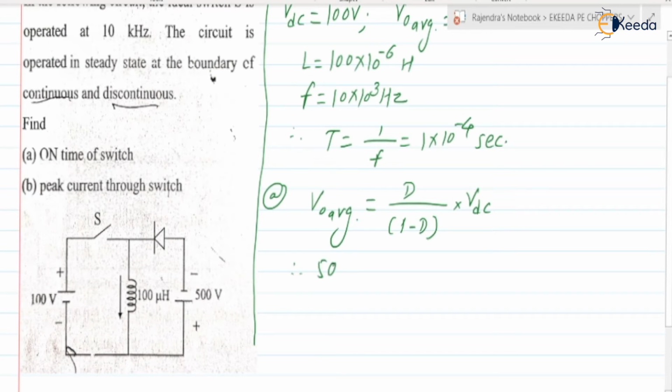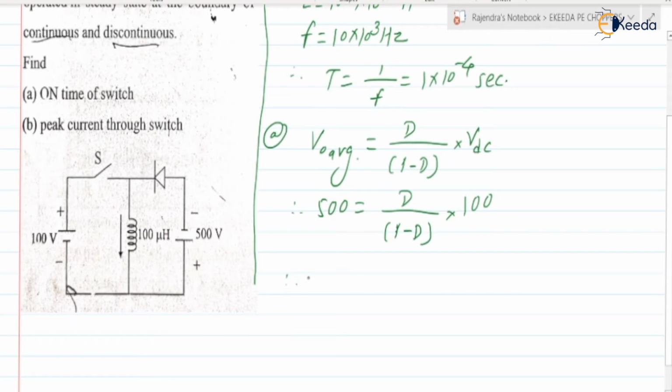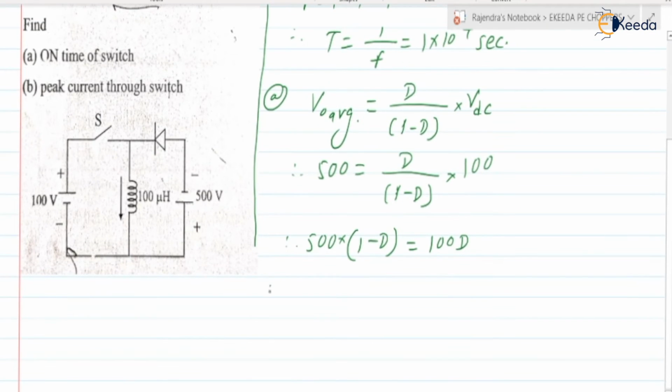So we can write 500 is equal to D upon 1 minus D into VDC, which is 100. From this we can write 500 into 1 minus D is equal to 100 into D. So 500 minus 500D is equal to 100D.